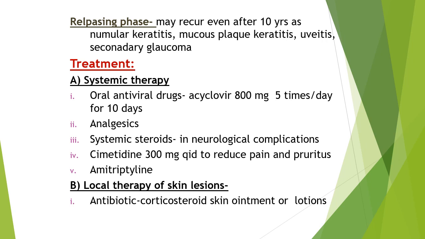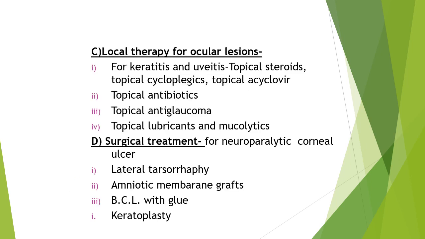The treatment starts with antiviral drugs, 800 mg five times a day for at least 10 days, with analgesics and systemic steroids in case of neurological complications. Local therapy in the form of antibiotic and corticosteroid skin ointment, as well as antiviral ointment, can also be used.